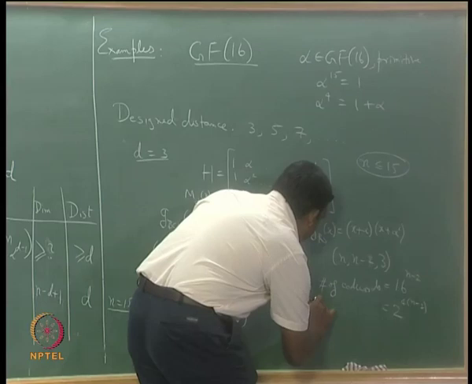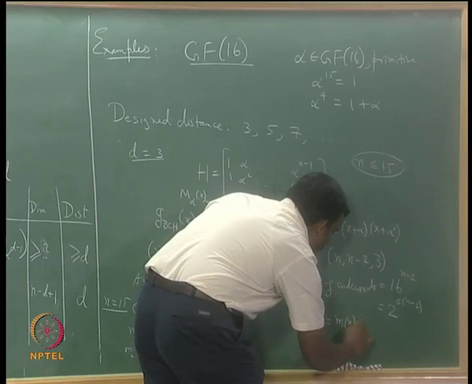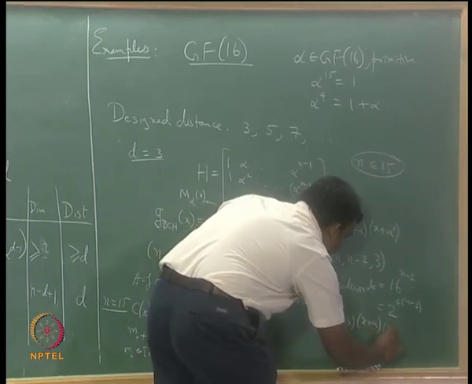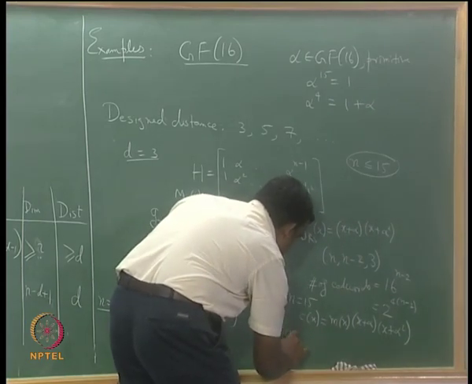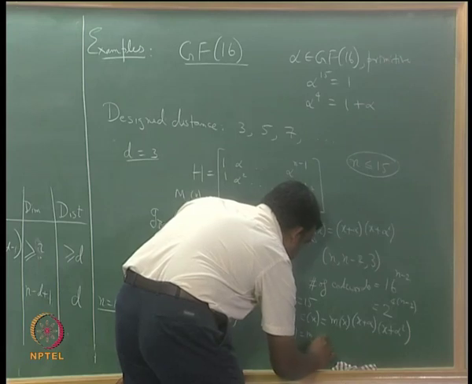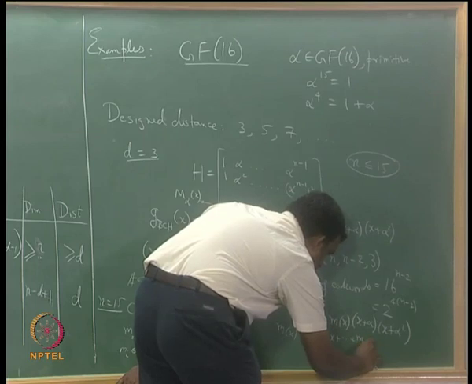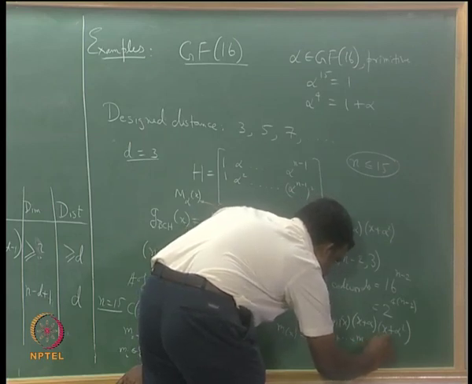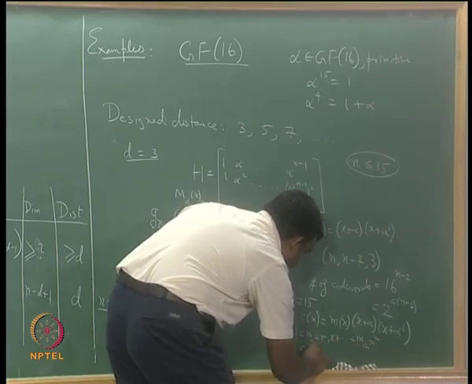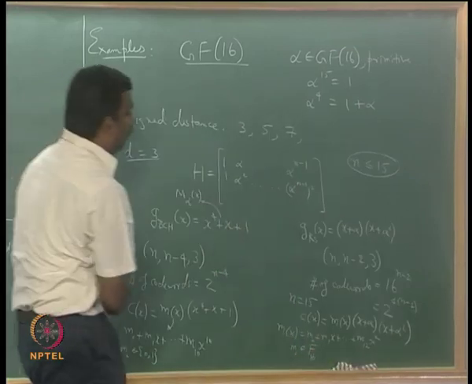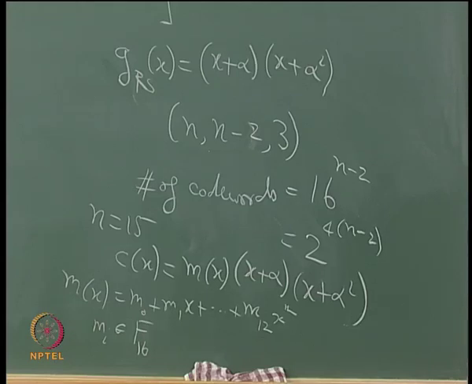So if you pick n is equal to 15, your code word C of x is going to be m of x times x plus alpha times x plus alpha squared, okay, and your m of x is m0 plus m1x and each of these mi's are now from F16.